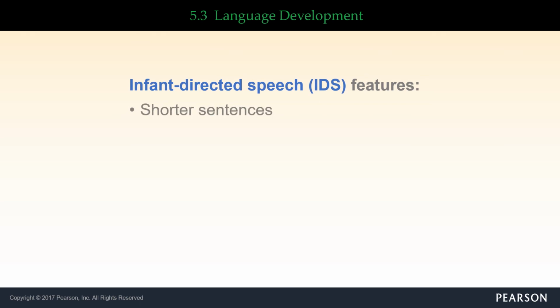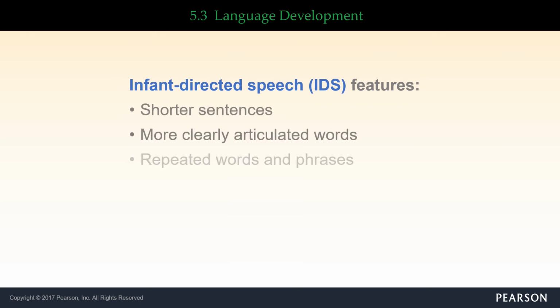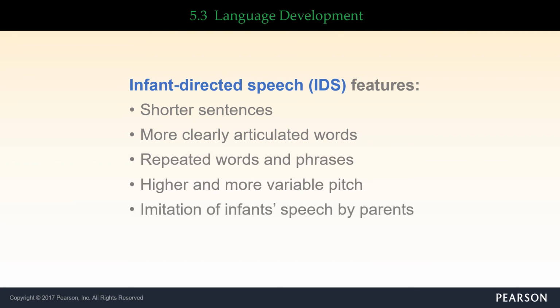It's infant-directed speech, or IDS, and that features shorter sentences, more clearly articulated words, repeated words and phrases, higher and more variable pitch. Even adults with very deep voices will raise the pitch of their voice because infants hear that sound better, although we don't do that intentionally.